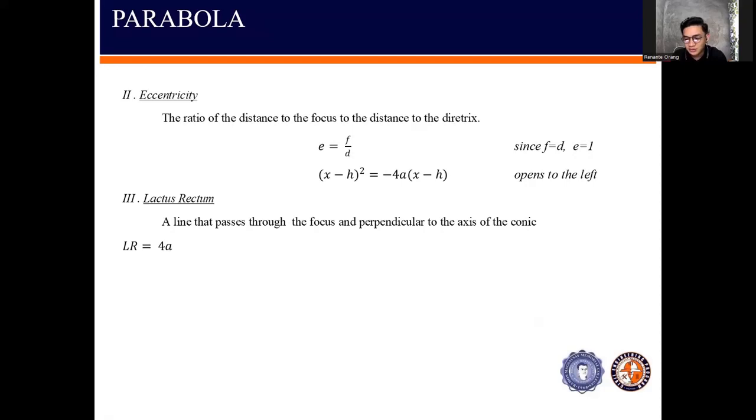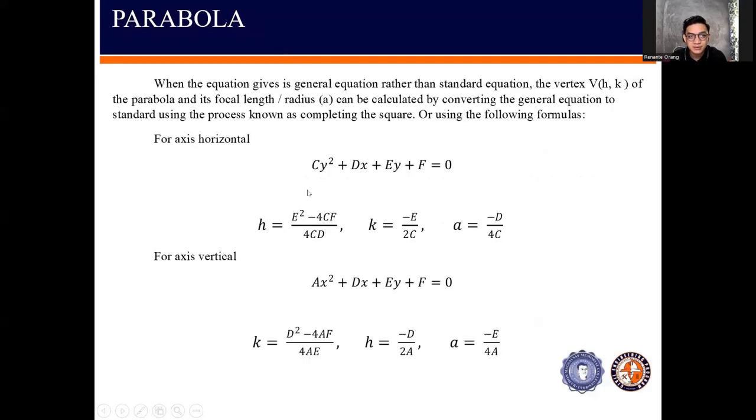Okay. So, for this one, a line that passes through the focus and perpendicular to the axis of the conic, LR is equivalent to 4a. So, when the equation gives is general equation rather than the standard equation, the vertex v, which is h and k of the parabola and its focal length slash radius can be calculated by converting the general equation to the standard.